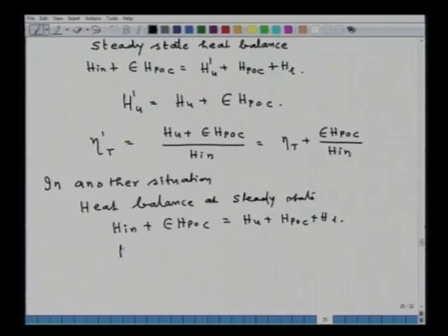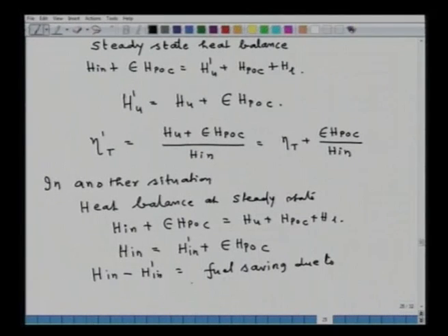Therefore, H in will be equal to H dash in plus epsilon H POC, and H in minus H dash in, that is equal to the fuel saving due to preheater installation, and that will be equal to epsilon H POC.